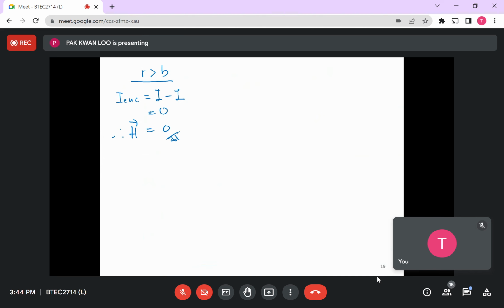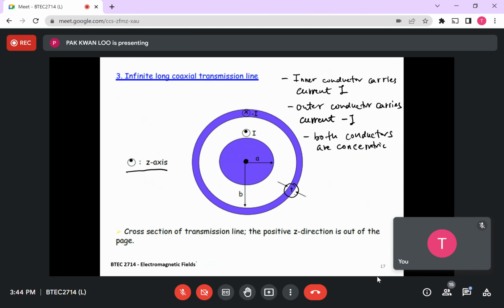There's no magnetic field outside because this is concentric. If I define the Ampere path enclosing the entire structure, one is positive I, one is negative I, so they cancel each other off, and therefore there's no magnetic field.